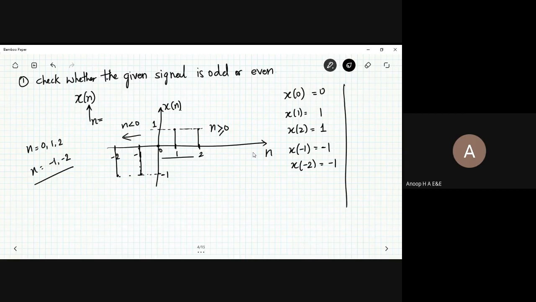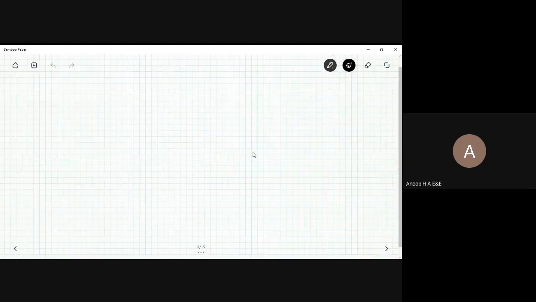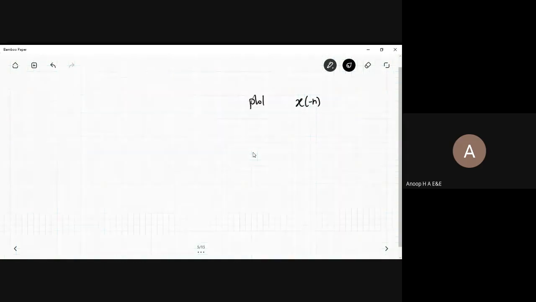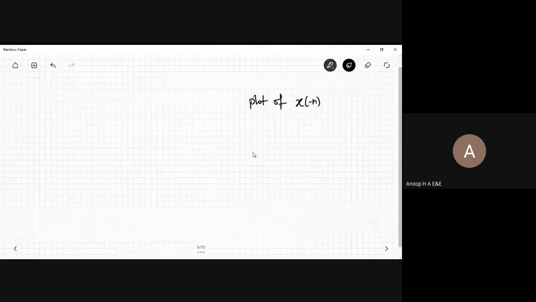What do you need to do now? What you need to do now is change n to -n. Okay, change n to -n. What are you going to get? So once you change n to -n, you have to plot a signal for x of -n. So plot the x of -n signal.